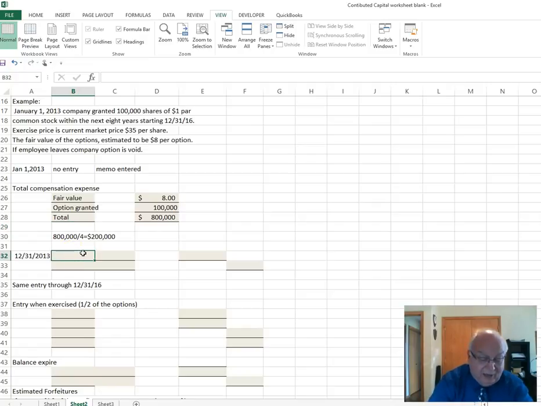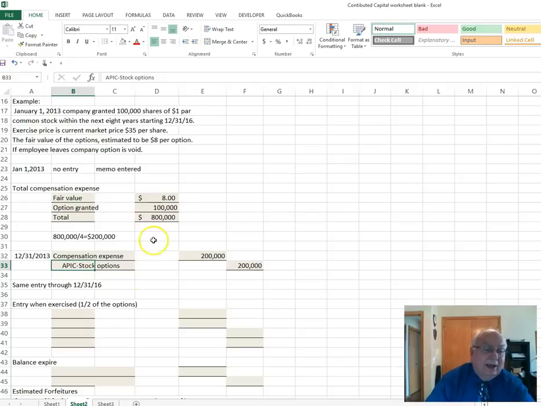The entry for that would be compensation expense for 200,000, and additional paid in capital for stock options, 200,000.